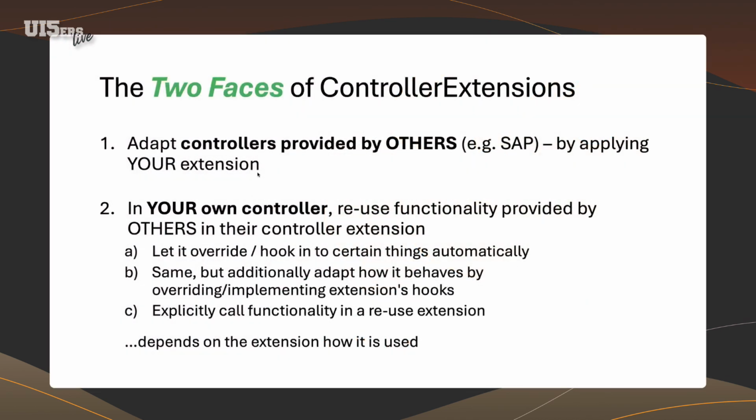So it totally depends on the type of the extension how it is used. And in general, either you write an extension to modify controllers, or you have a controller and reuse an extension to add functionality to your own code, to your own controller. So that's the two use cases. And let's dive right into the first one.